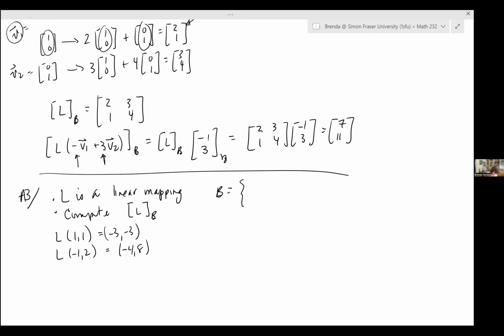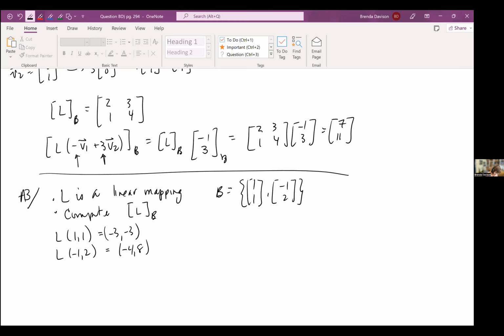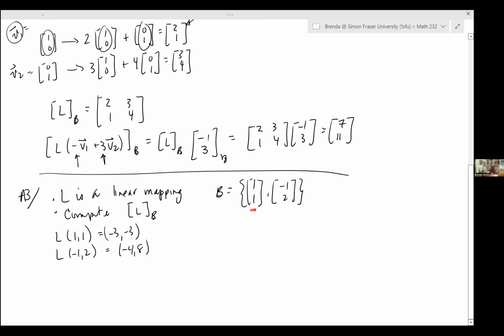B is this basis here, 1, 1, and minus 1, 2. So first thing I'm going to do is look and say, okay, hang on, what am I being told? I've got a basis for R2.